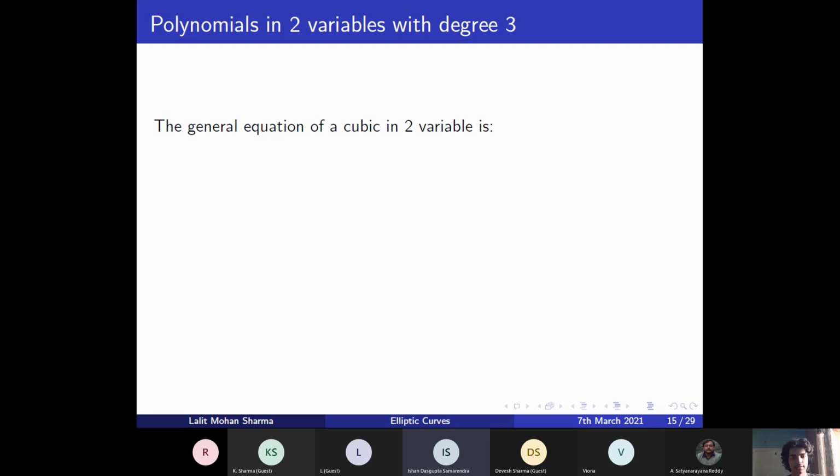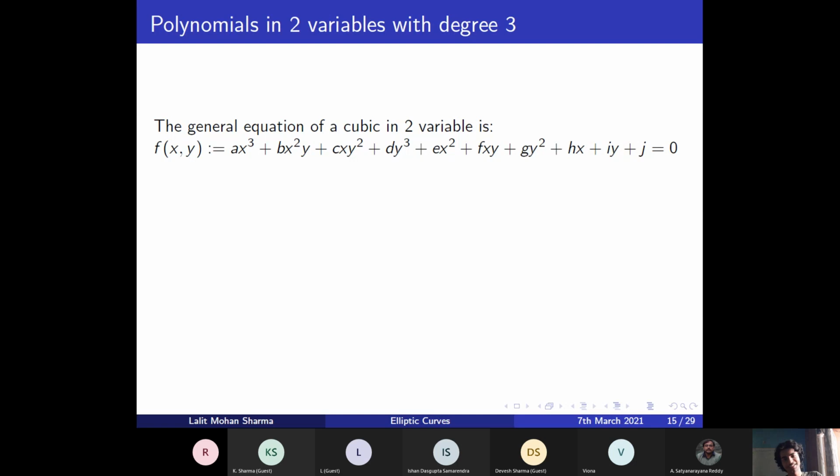Yeah, that's correct. And all these coefficients again, because you're obsessed with rational numbers, are rational numbers. So we have 10 coefficients.